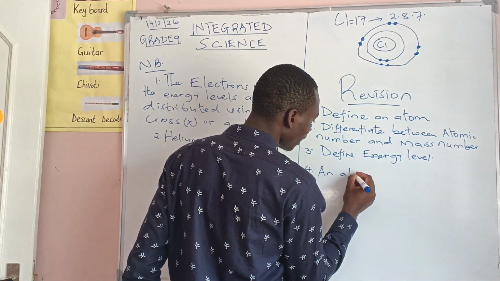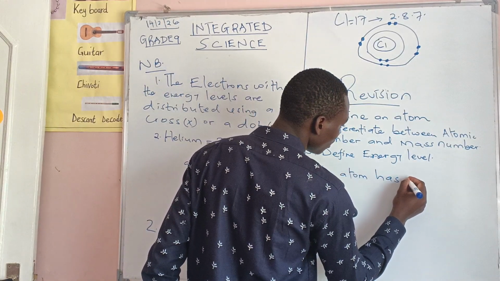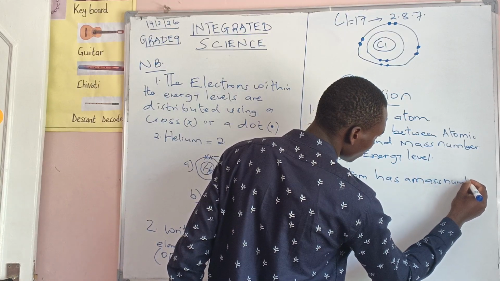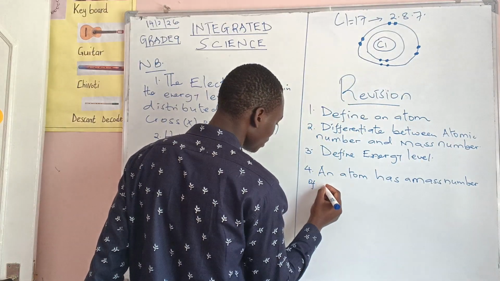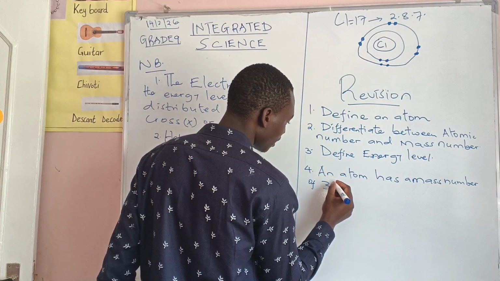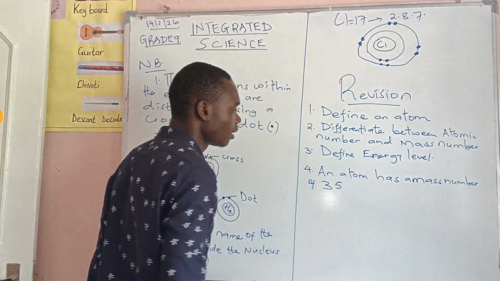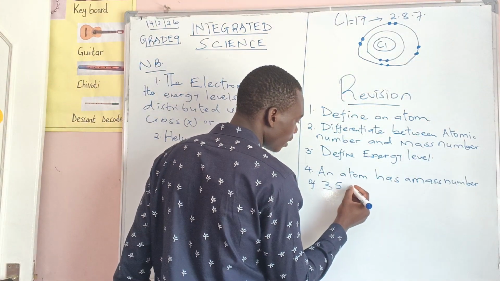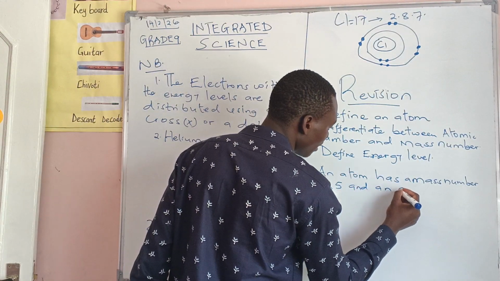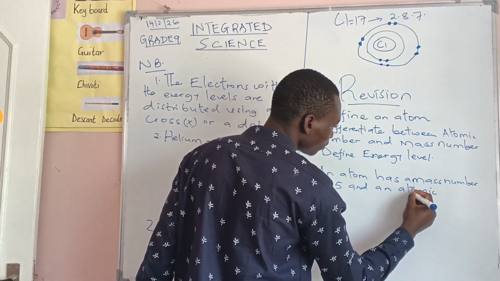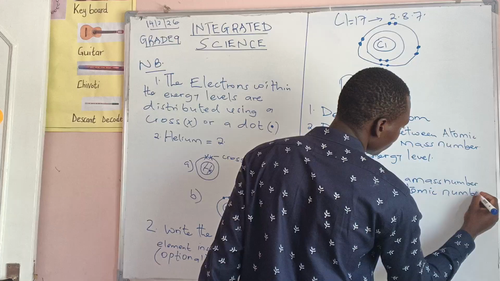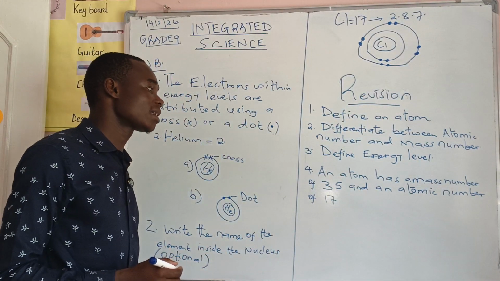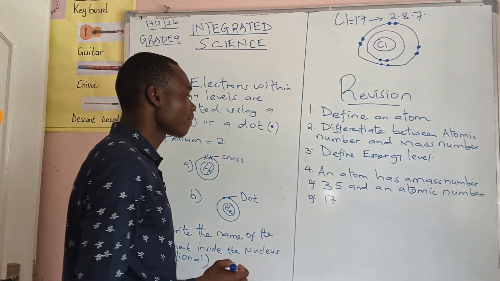Number 4, an atom, or rather an element, has a mass number of 35 and an atomic number of 17.